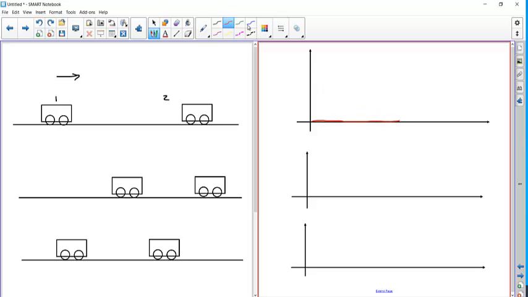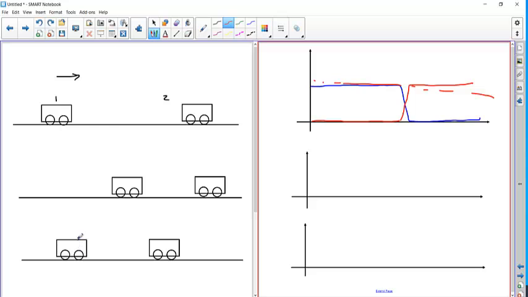Cart 1 will have some positive velocity, and then there'll be this interaction where this one will go probably close to 0, and then the other one will go to about the same velocity. Now there'll actually be a slight decrease in velocity here because we have friction. And this one looks very similar.